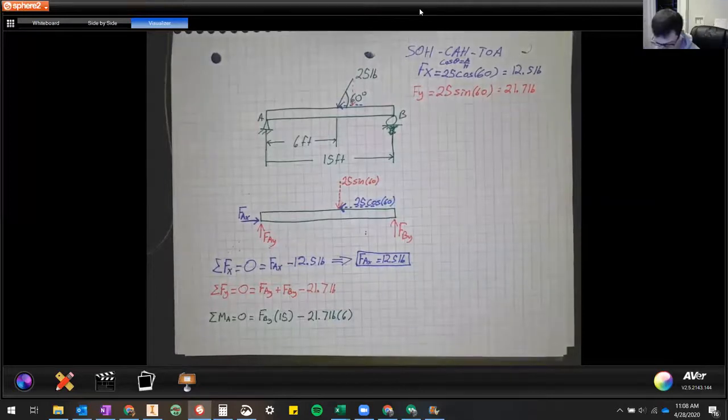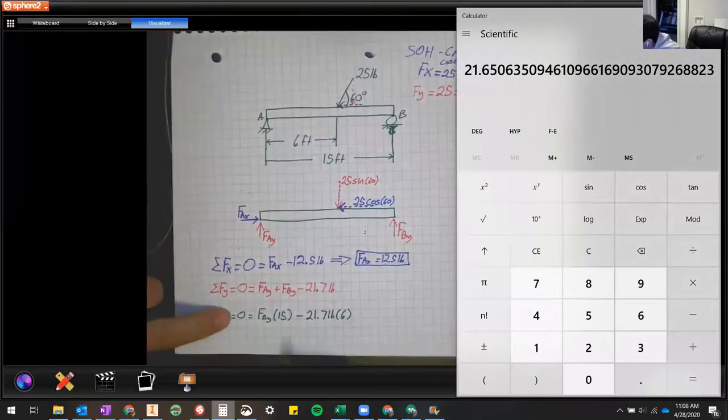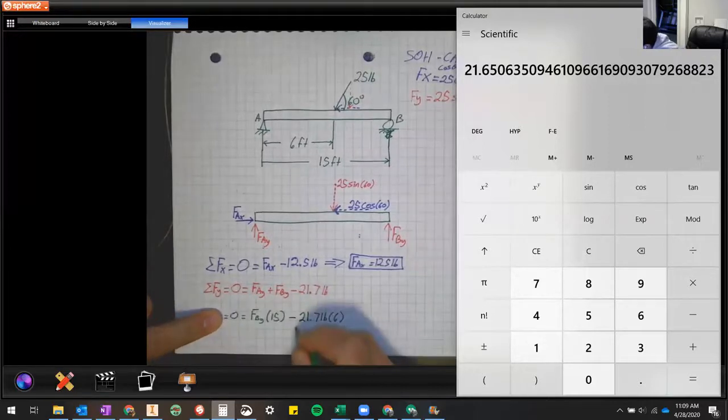So if I were to work that out, kind of cover this part up, you have 0 is equal to FBY times 15 minus 21.7 times 6. So I could multiply that together, and I would add all of that over to this side.